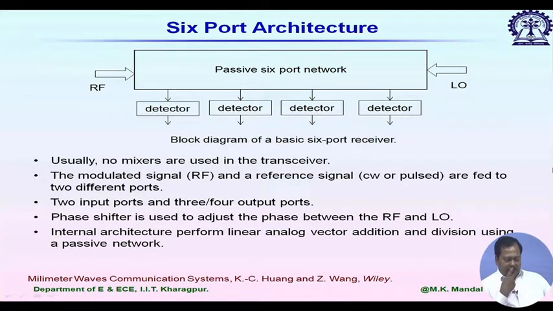So, next is the fourth one, 6-port architecture. It might be new to you. Originally this 6-port architecture was proposed as a reflectometer to measure the reflection coefficient of any device under test. That means simply S11.